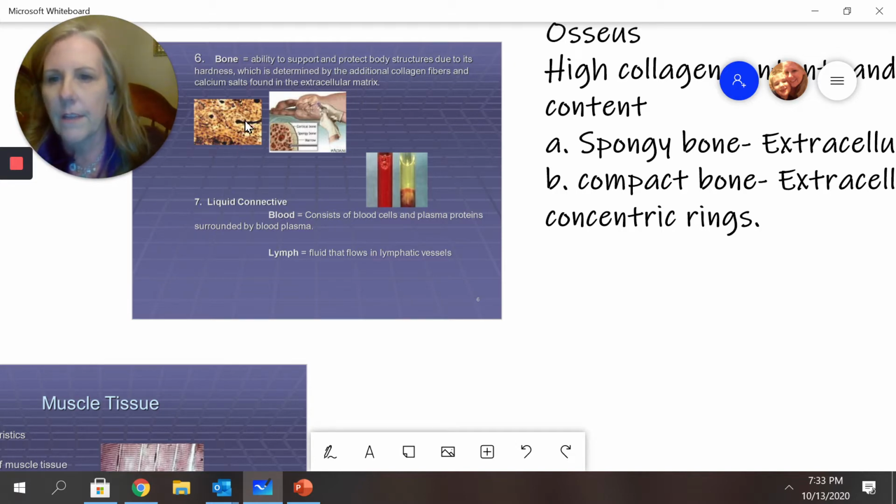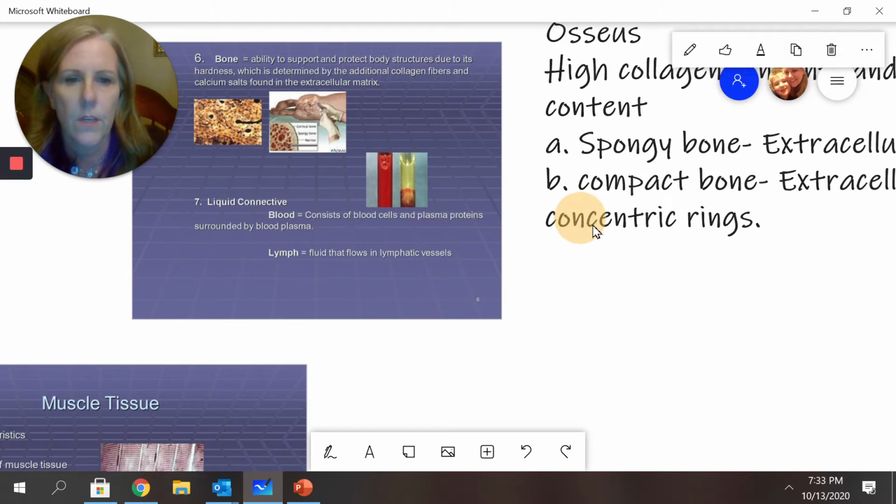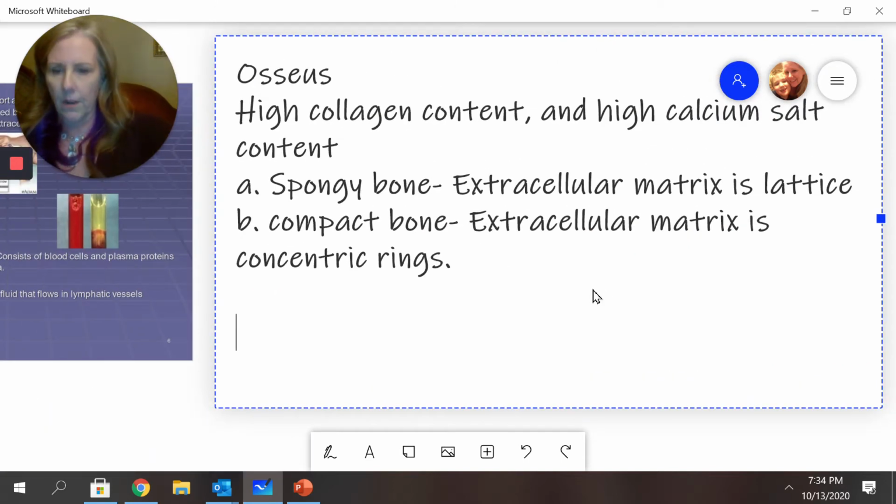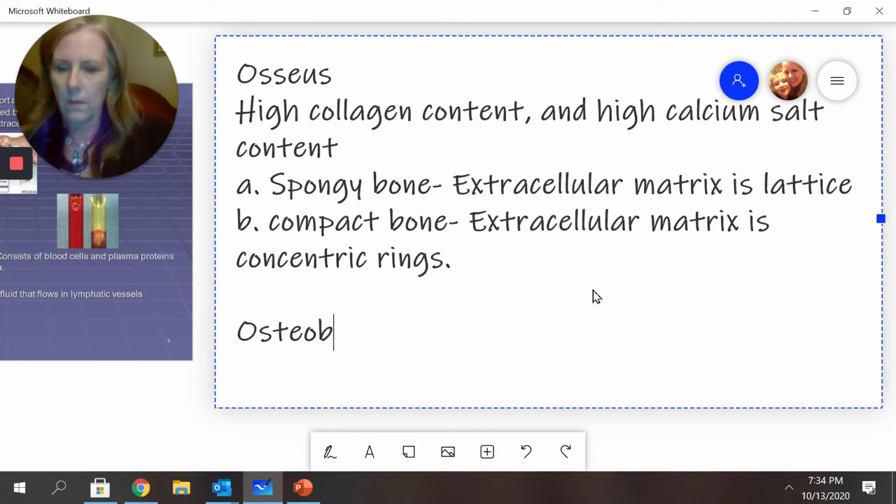And where you're going to find the living cells of bone is going to be right in those little dark areas right in there. I know you've covered this in lab, and we also mentioned it in lecture before, but the type of cells that secrete the extracellular matrix of bone are osteoblasts.